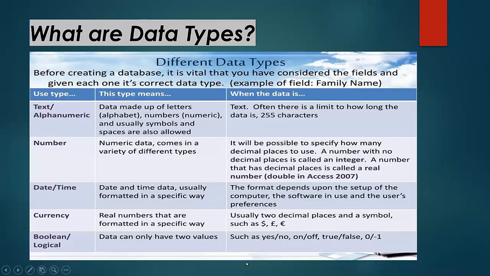So this is for the Boolean. It's data that has only two values: 0 or 1, true or false, -1 or 0, yes or no.